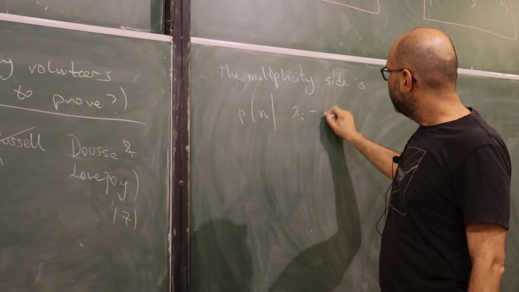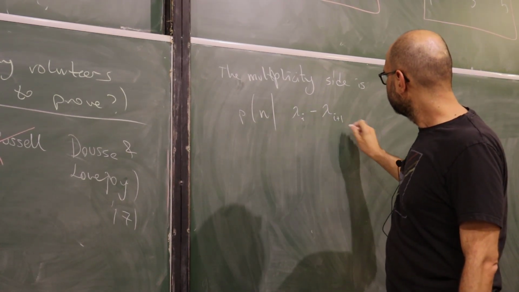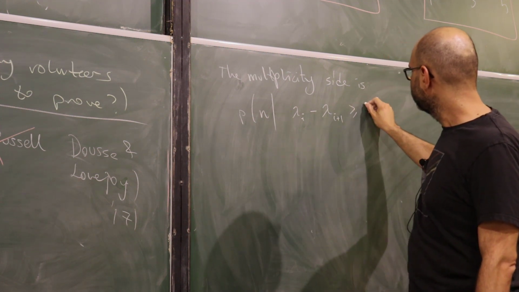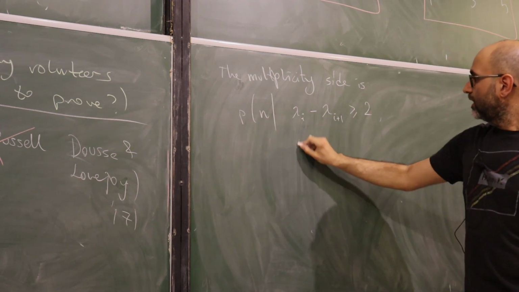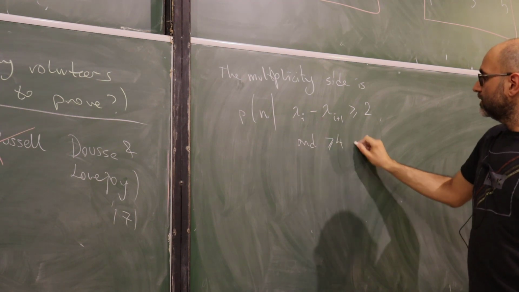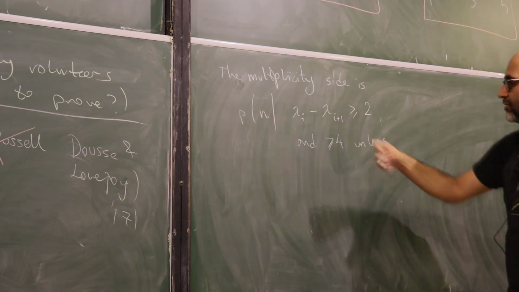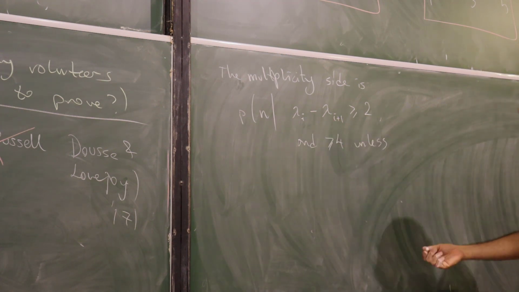Lambda i minus lambda i plus 1 is greater than or equal to 2 and greater than or equal to 4 unless the sum of these guys equals a multiple of 3.